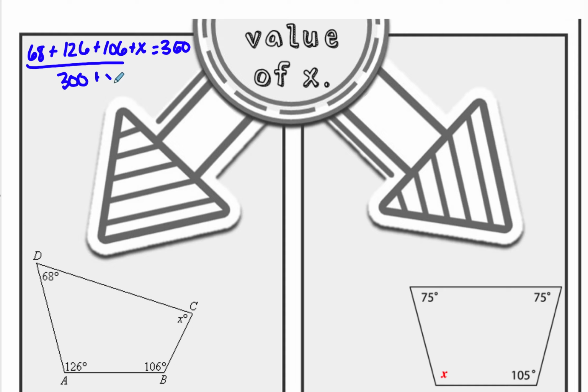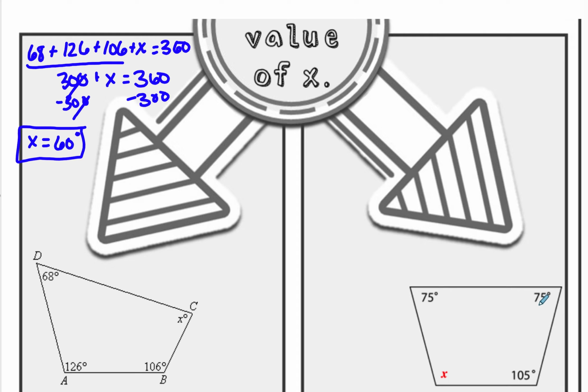So 300 plus x equals 360. I'm going to subtract 300 from both sides of the equation. And I'm going to get x equals 60 degrees. Does it look like that angle could be 60 degrees? Yeah, that seems reasonable.